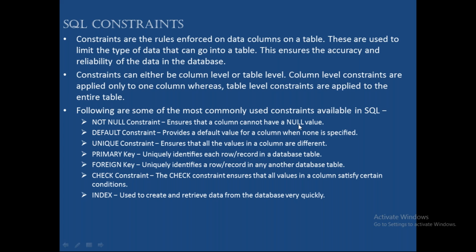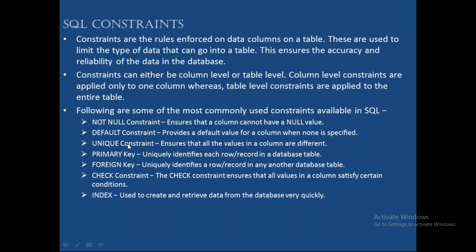Default constraint: whenever somebody is giving a null value, for example, AWS course duration is null, in that case I want to set a default value, say 40 hours. Then if somebody is not entering a value, it will go in as the default value. If somebody is not selecting a course name, then by default it will go to Data Factory, or something.